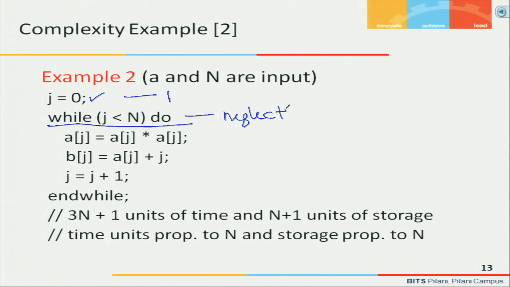In this loop, we have one computation which is multiplying aj with itself. Then we have another computation which is bj, which is nothing but adding aj plus the index to it, and we are incrementing j at the end of the statement.